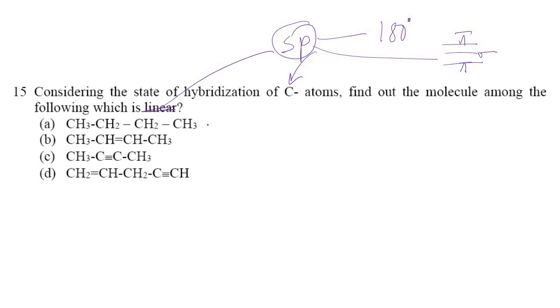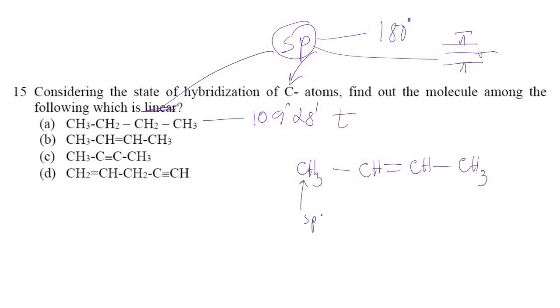Saturated means single bonds, which means 109 degrees 28 minutes, a tetrahedral shape. In option B, if I write CH3 single bond CH double bond CH single bond CH3, this carbon is sp3, and this is sp3, because it is a saturated carbon, all single bonded.